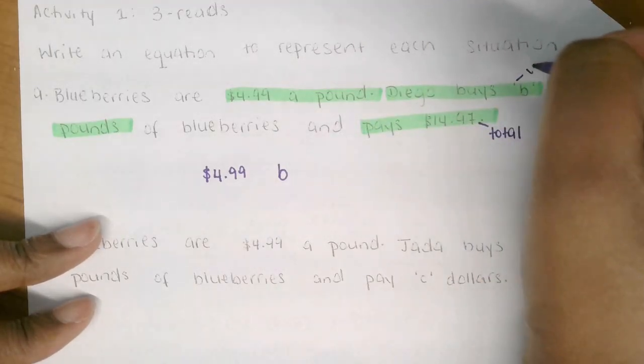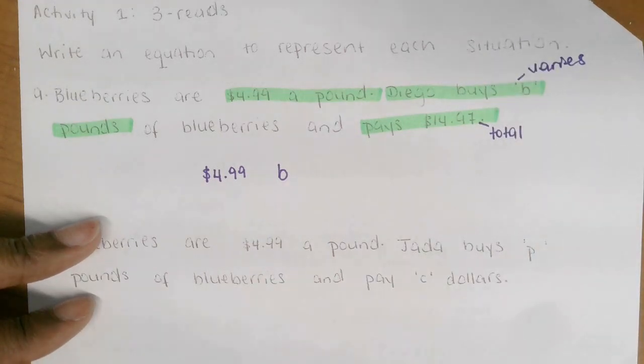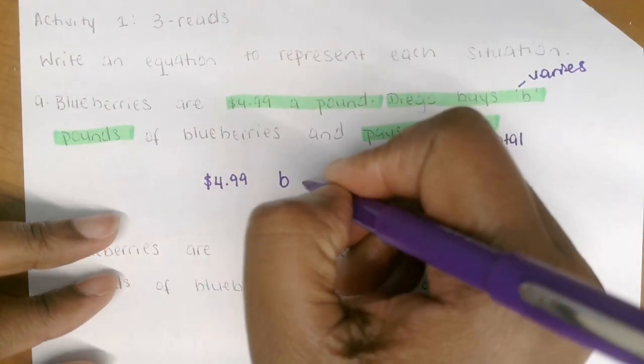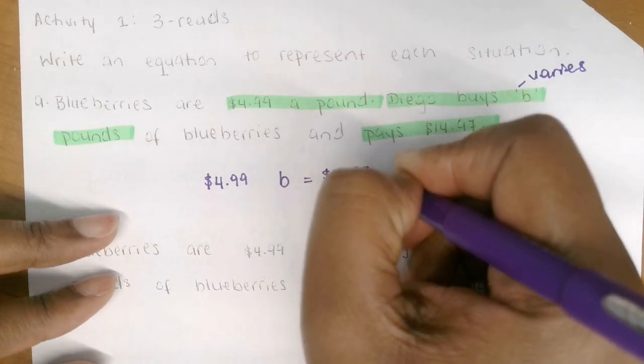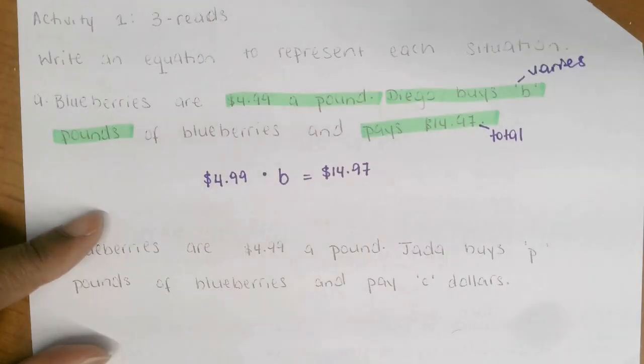The B varies, so the weight would vary. We don't know how many pounds he bought, and that's why you would use a letter to represent the different pounds. And then the total is $14.97. And this would be times.